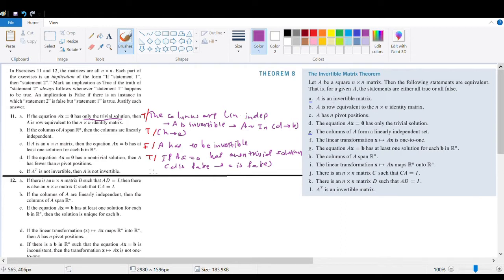So this one is true. Let's write it in red. This one is true. And we write if AT is not invertible, that means one is false. This leads to A also being false.